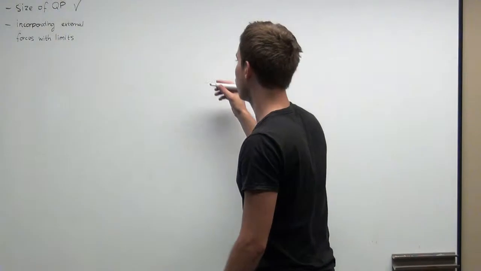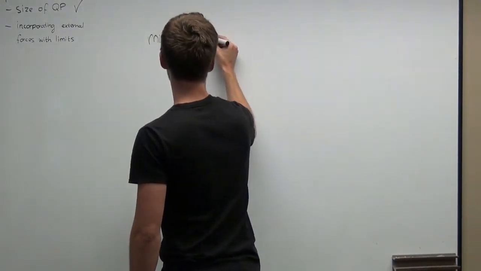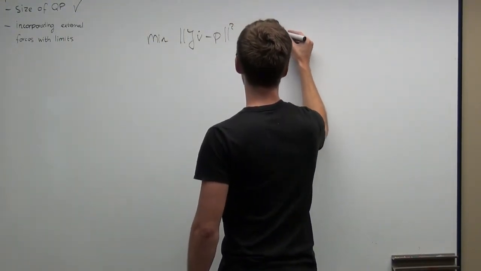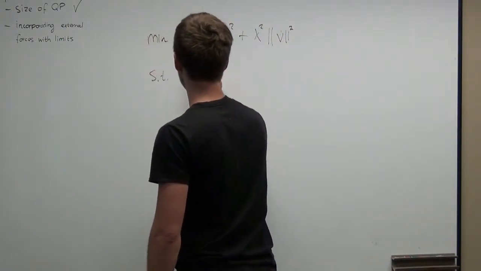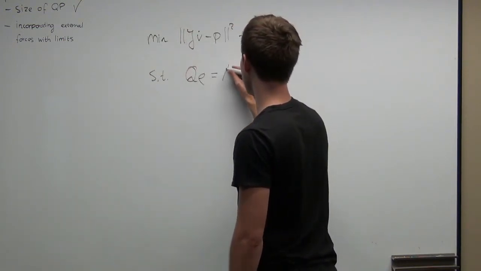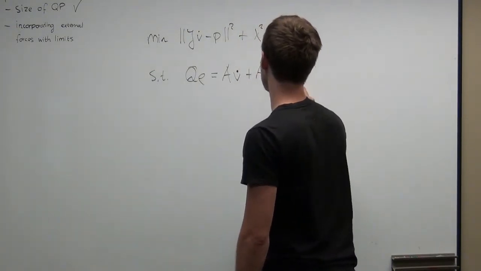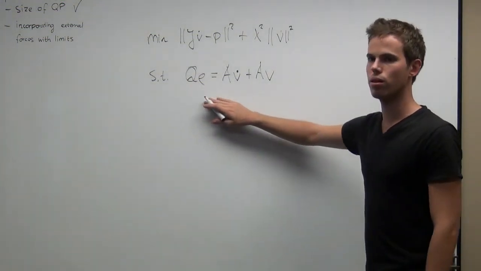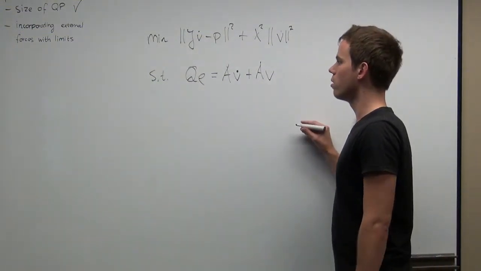So we're going to minimize J, which is the norm of v dot minus p squared plus lambda squared times v dot squared, subject to Q times rho, the sum of all wrenches, equals A v dot plus A dot v. Both sides of the equation represent the rate of change of momentum, both linear and angular.